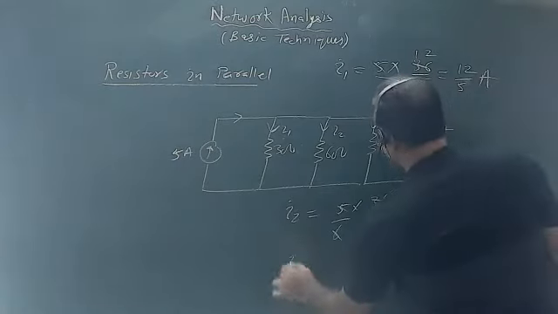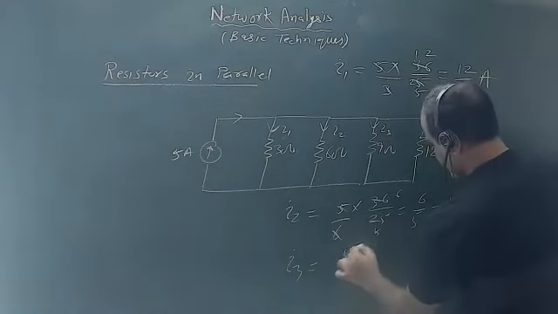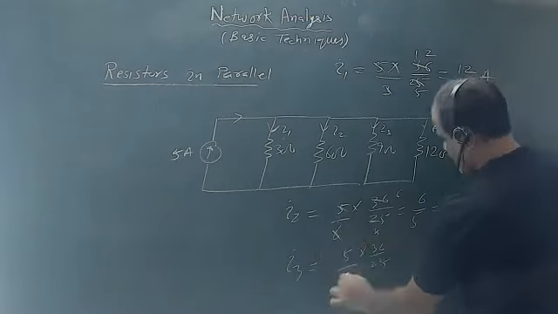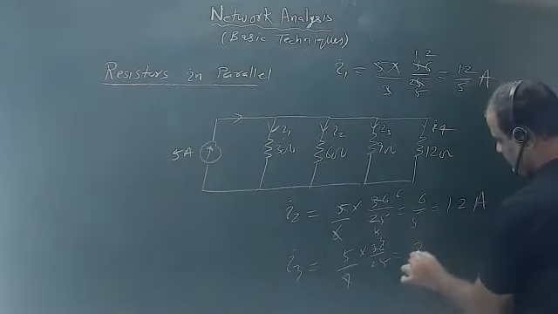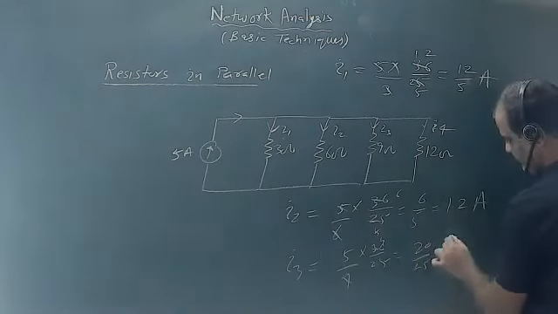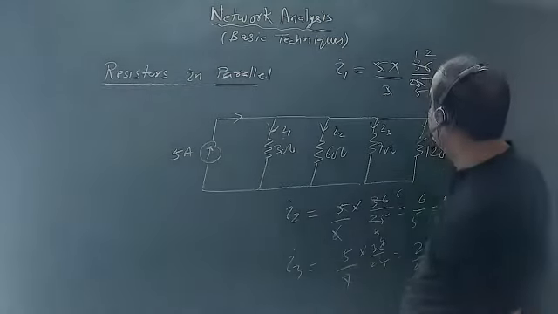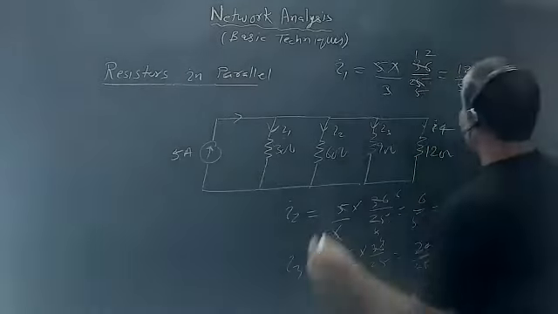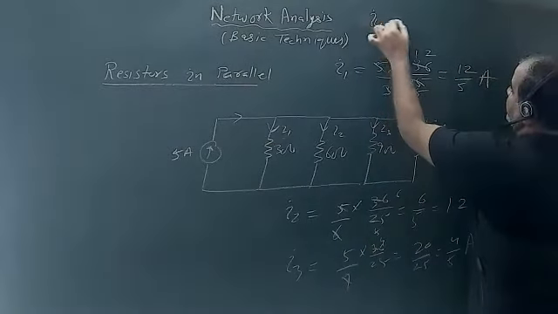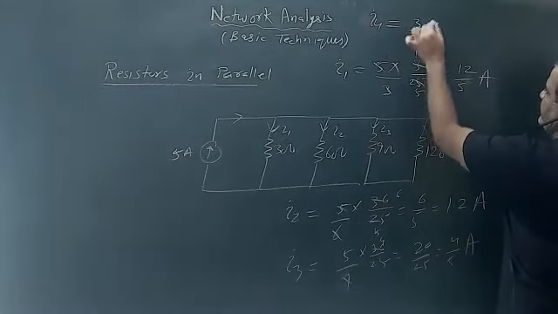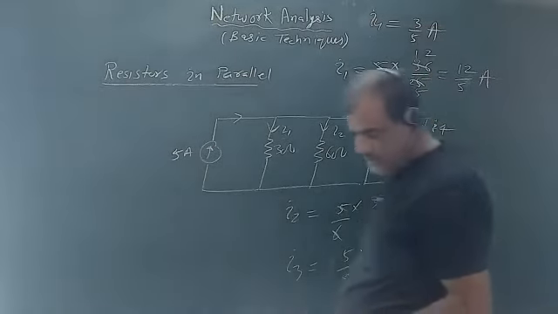And your I3 will be again 5 into 36 upon 25 divided by 9, so 4 by 5 ampere. ठीक है, चेक कर लेना. And similarly, I am writing directly I4. So I4 is your 3 by 5 ampere. So you can solve it this way.